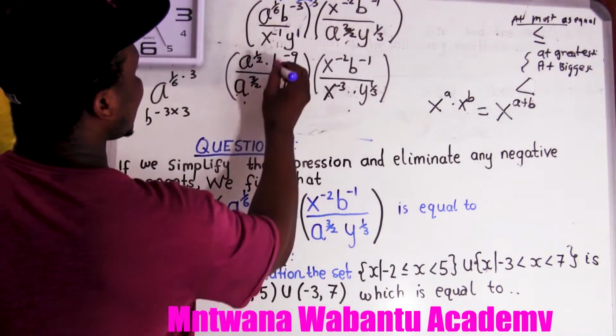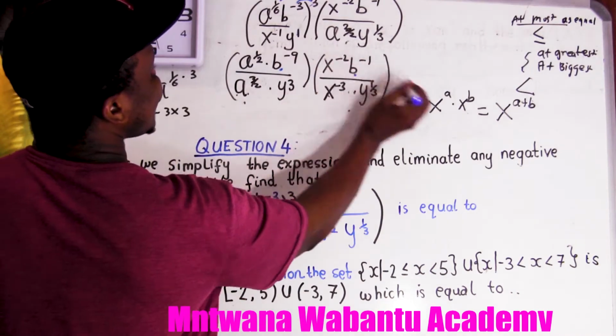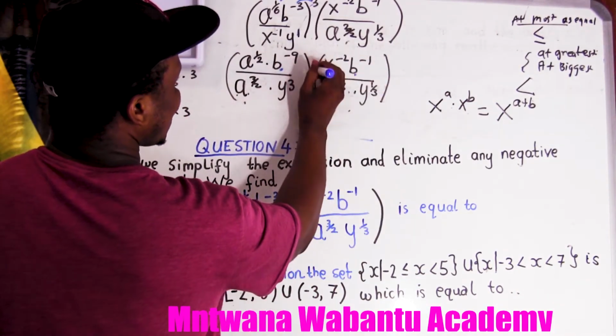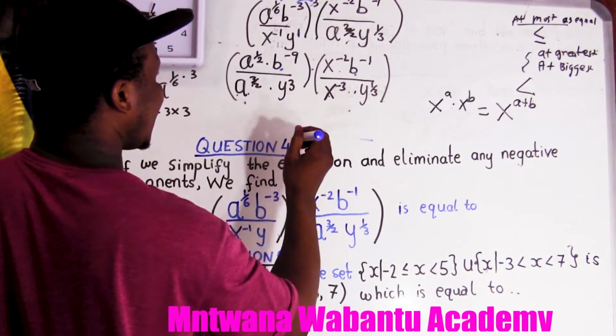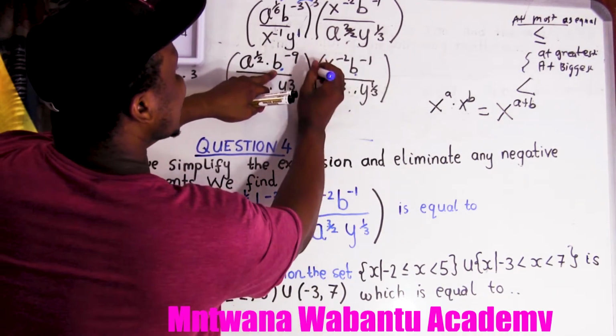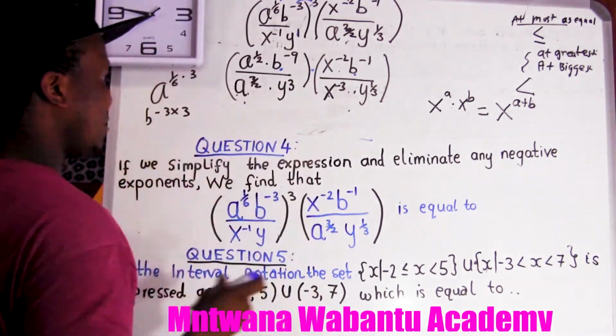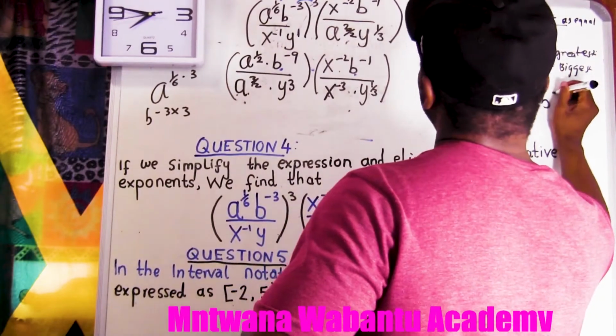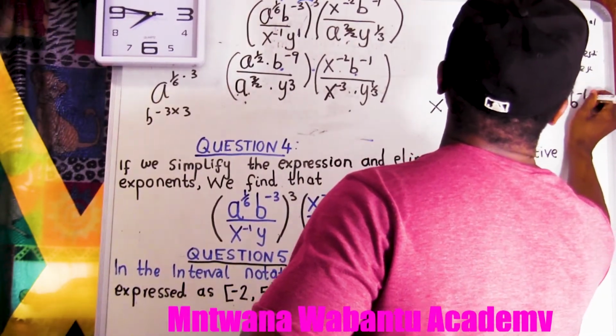If you look carefully, if there's a multiplication, like b times b, even if there's no sign, mathematically there's a multiplication. So when you have a bracket, that's the same as b power negative 9 times b power negative 1.